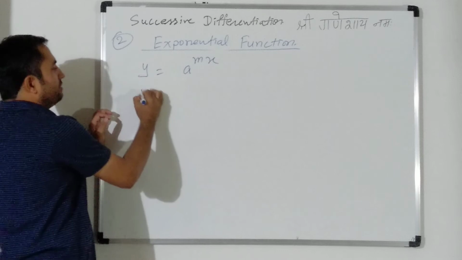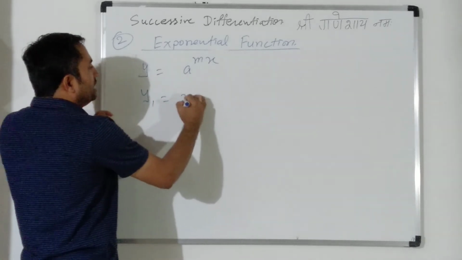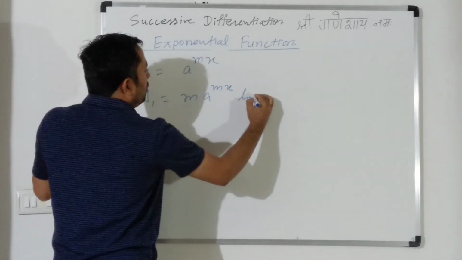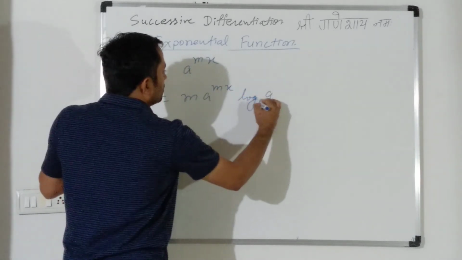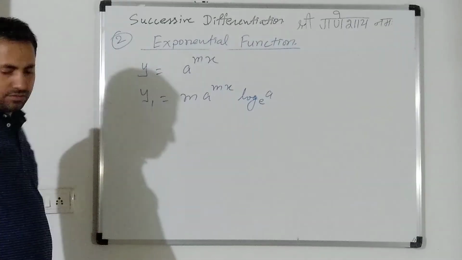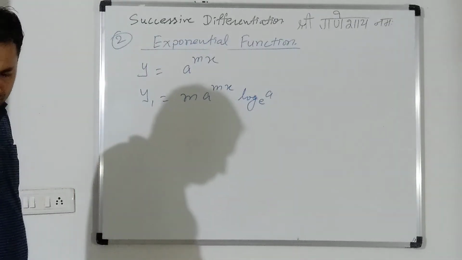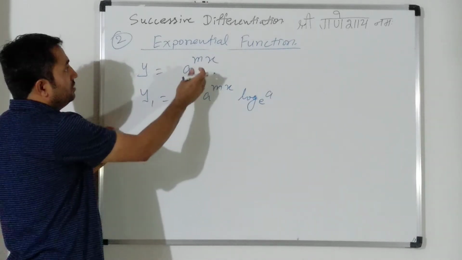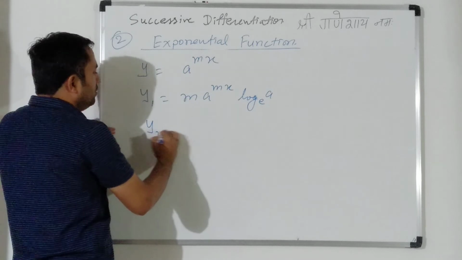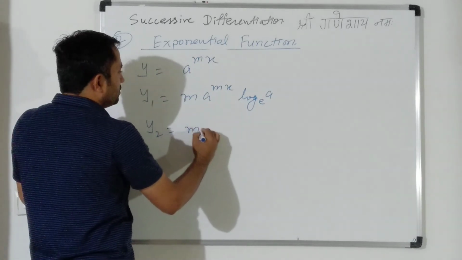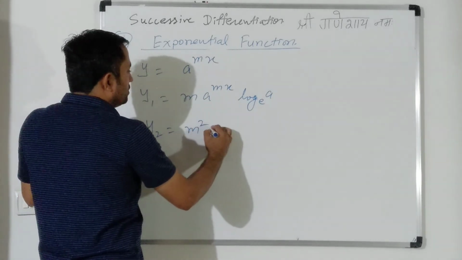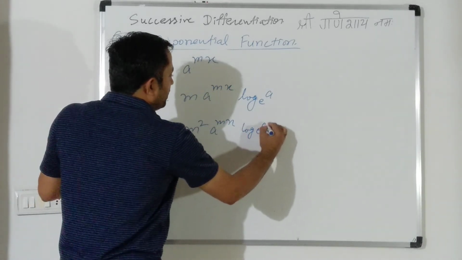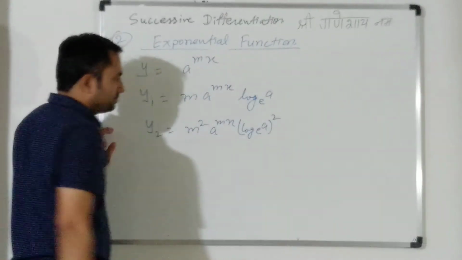The first derivative y1 is equal to m a to the power mx log a base e, as we know the differentiation of this exponential function. Now y2 will be m square a to the power mx, and log a base e squared.